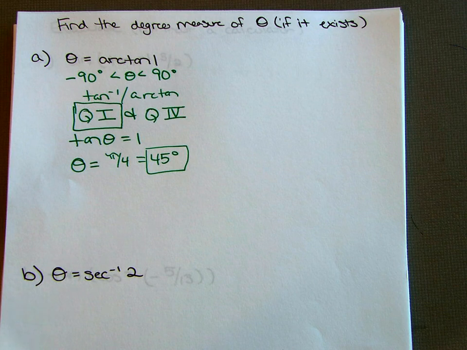Tangent is what over what in terms of sine and cosine? Right, it's sine over cosine. So that means if we're trying to get our tangent to be 1, then our sine has to be the exact same as our cosine. And the only time that happens in quadrant 1 is at 45 degrees. Questions on that one? You can see the process that we're going through on this.